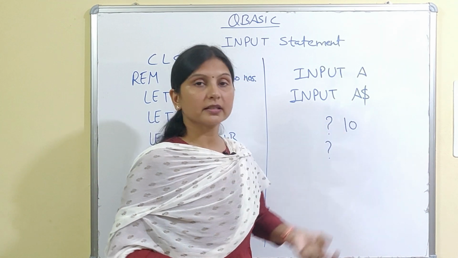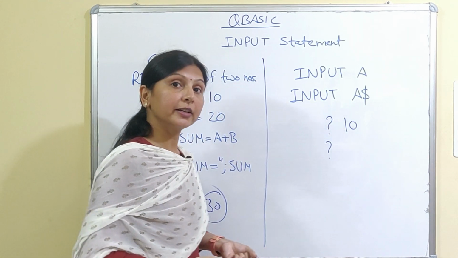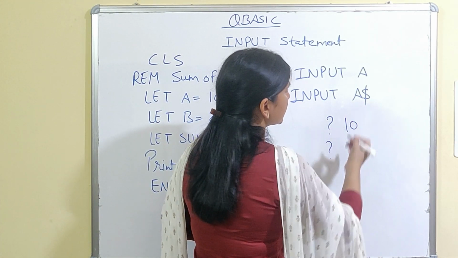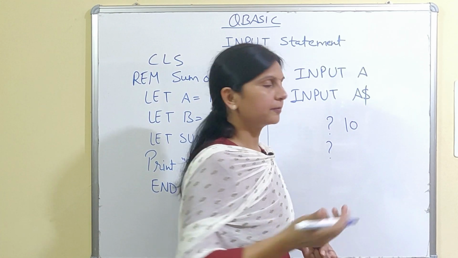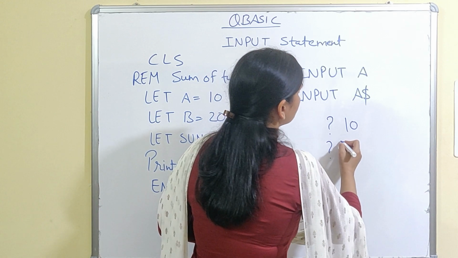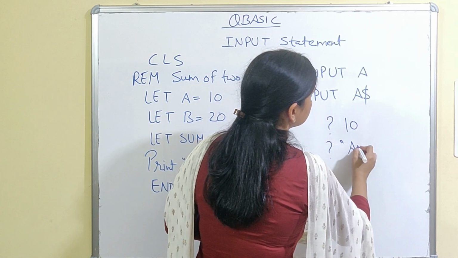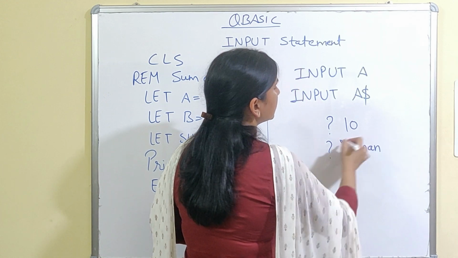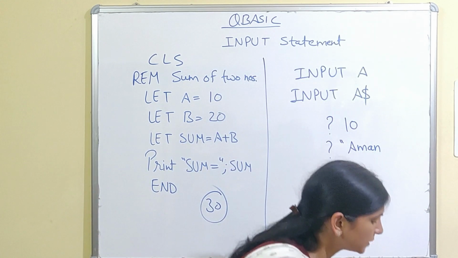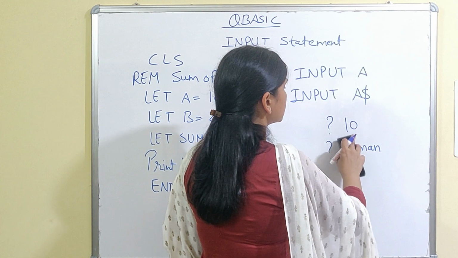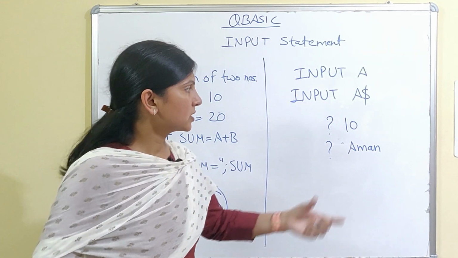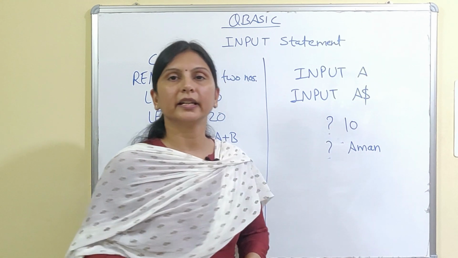So for this, we need to give any alphanumeric constant or string, we can say. For example, we have taken N$ for a name. So I will give Aman. No need to give double quotes in the output like this. So Aman will be assigned to N$.